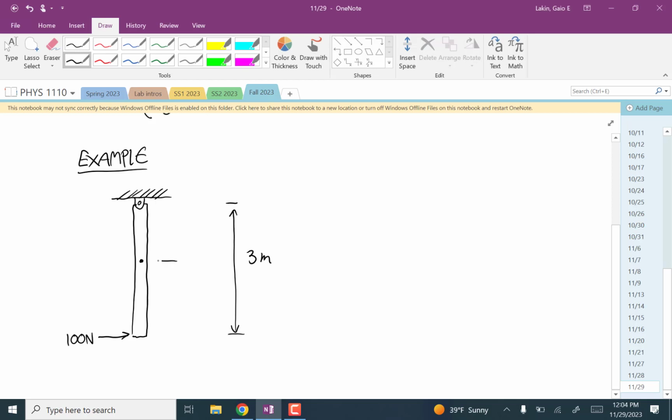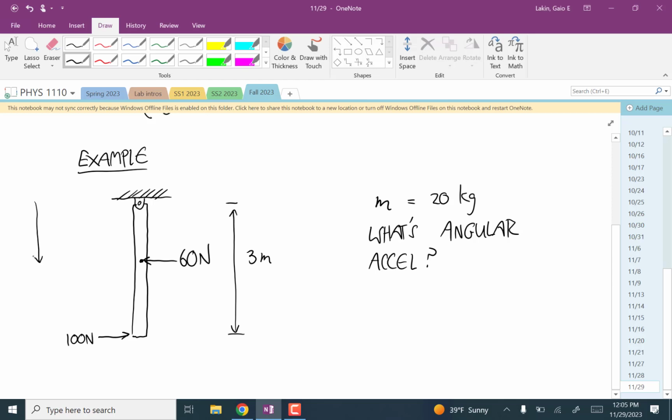And let's say we also apply a force here of 60 newtons. The mass of this thing is 20 kilograms. What's the angular acceleration? I'm assuming this is hanging from the ceiling, so down is this way, so gravity's acting toward the bottom of the page.